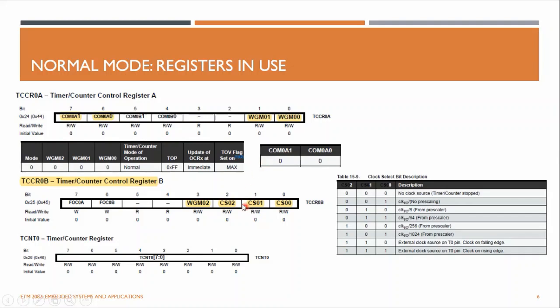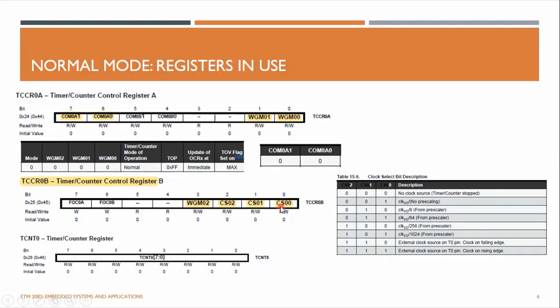But you can use the timer prescalers in the control B register, that is CS00, CS01, and CS02. If you set them to 0 by default, there is no clock source and the timer counter stops, right?